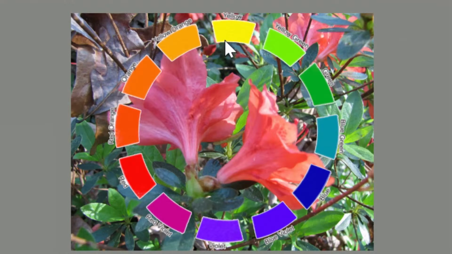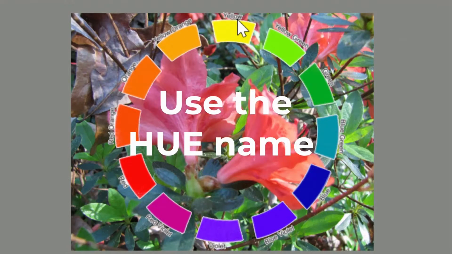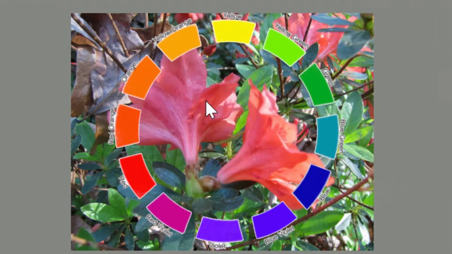So that's one kind of relationship that we have outlined for us on the color wheel: how we can look within the color wheel and find how much of one hue or another there is in any color we're looking for. But two things are important here. One is that we distinguish it as hue and use the hue name: yellow when we see yellow, yellow-orange when we see yellow-orange, blue-violet when we see blue-violet, red, and so on.